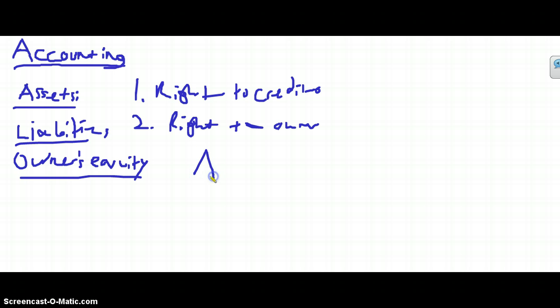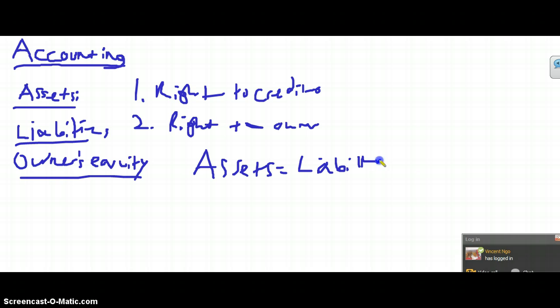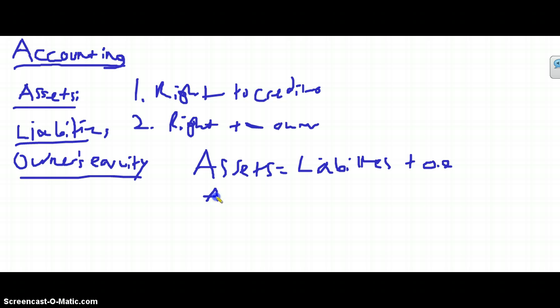So assets are equal to liabilities plus owner's equity, which I'll just write as OE. Otherwise, in order to get the owner's equity, you might say assets minus liabilities equals owner's equity.